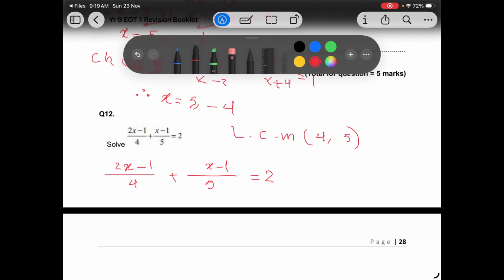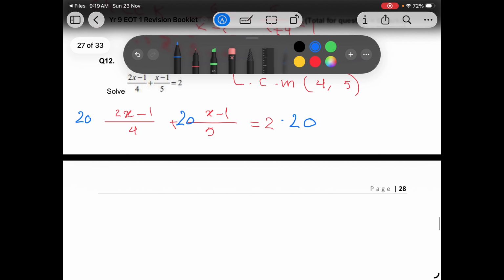After you multiply by the least common multiple, fractions will be vanished, okay? And this will make life a bit easier. So if you multiply here by 20 and here by 20, and of course you have to multiply each and every single term by 20, look what we will have.